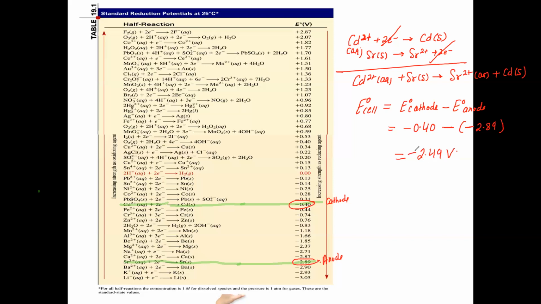It's a plus answer. It's a spontaneous reaction. Spontaneous is galvanic cell. Galvanic. Delta G negative. K greater than 1. Electricity generated.